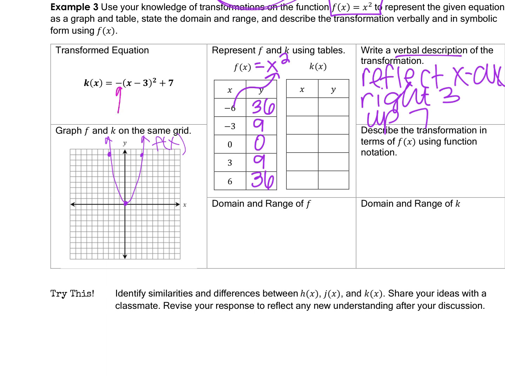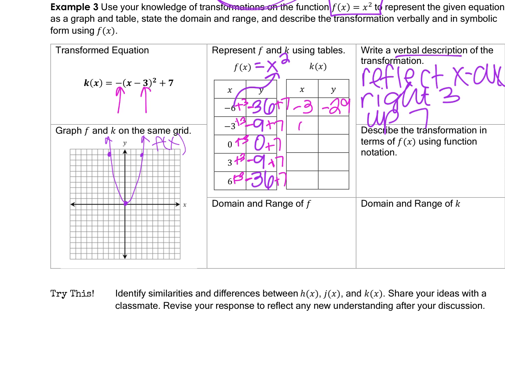So remember, the negative in front multiplies your y by negative 1, which will just change the sign. Then we'll add 3 to x, and then we will add 7 to our new y after we multiplied it by negative 1. So I have a negative 3 for my x, and then I have a negative 29 for my y.